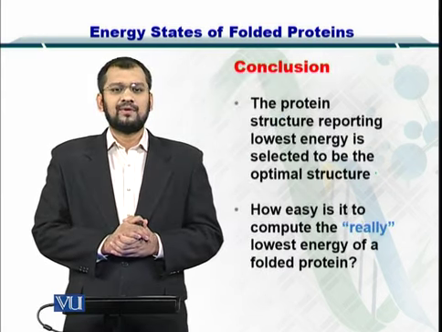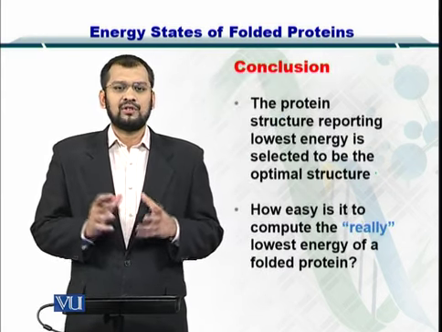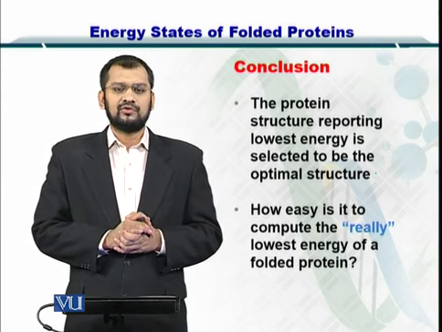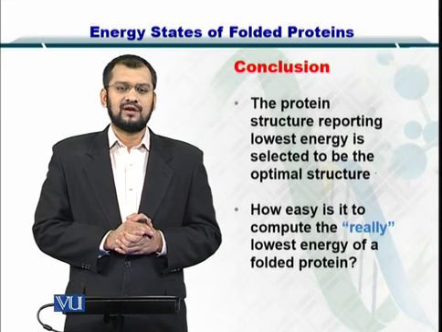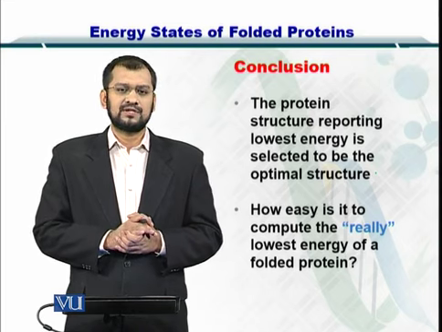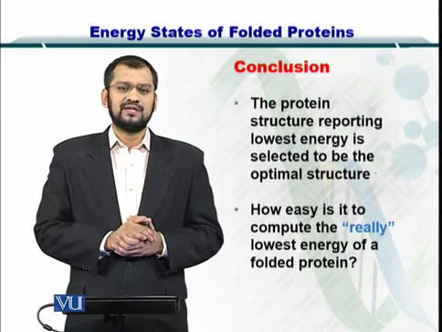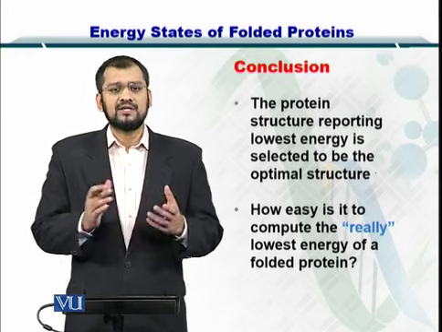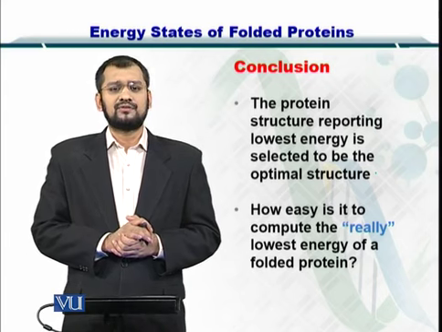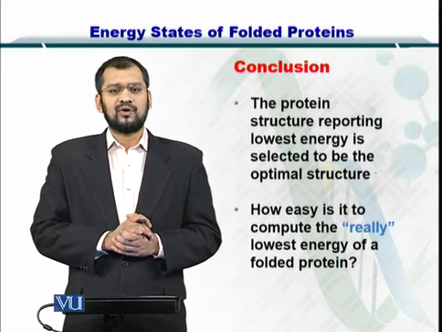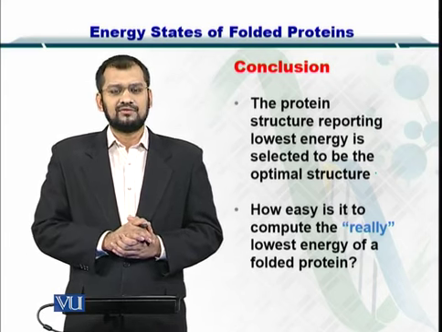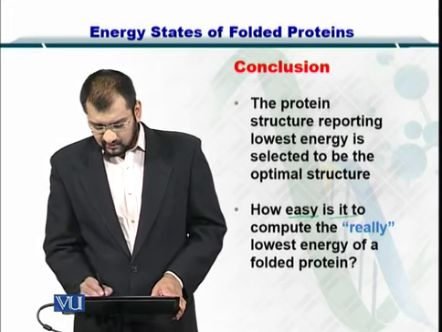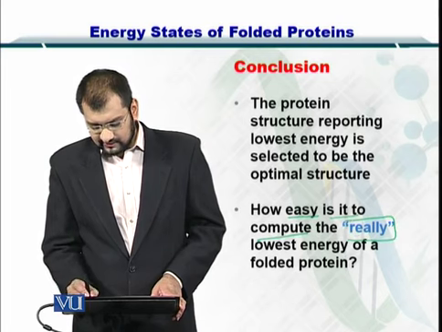So once you have computed the energy of all possible protein structures that have been predicted, then you simply sort them by the energy content of each predicted structure, and the one with the lowest energy is the correct prediction. So this is the strategy that is used in ab initio methods. However, one very important question still remains: how easy is it to compute the really lowest energy?